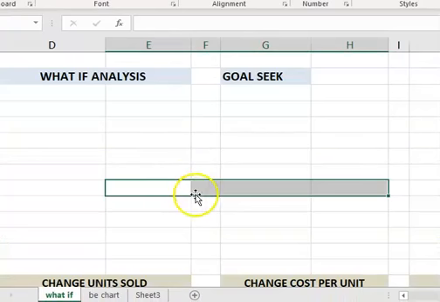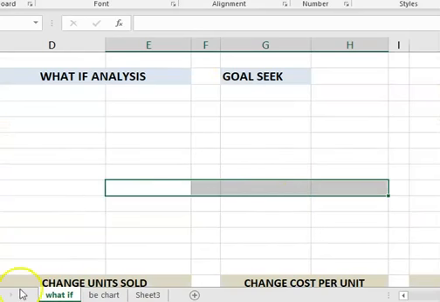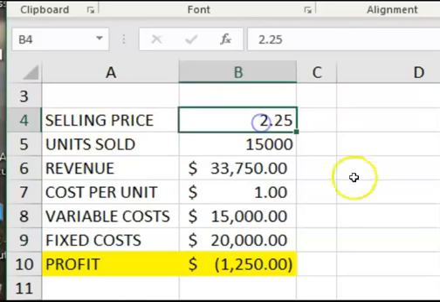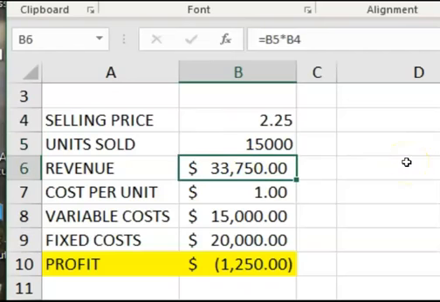Say I'm evaluating something. So here I am, and I have my little notepad on Shark Tank, and I say, well, you have an item, a widget, or whatever you want to call it, and we're selling them for $2.25, and I'm selling 15,000 of those, and my revenue is $33,750.